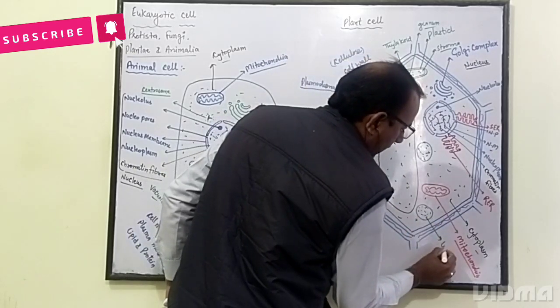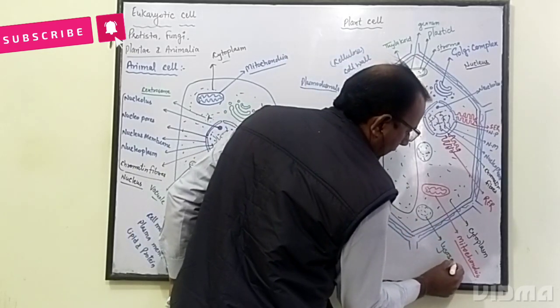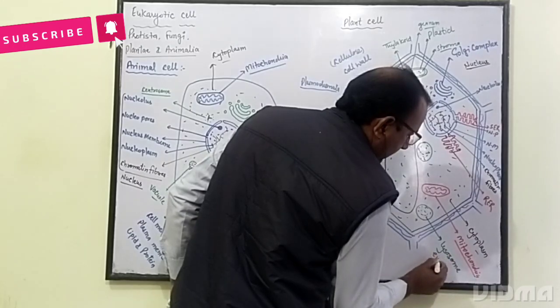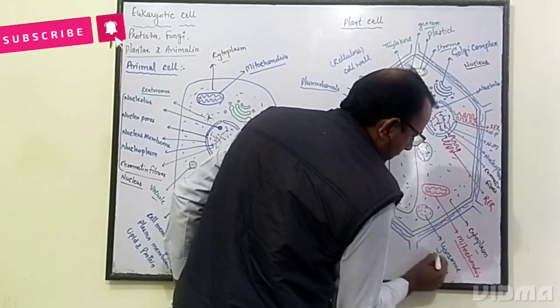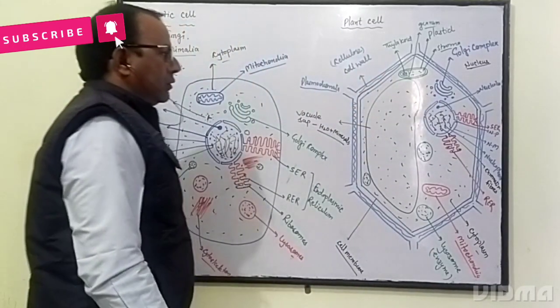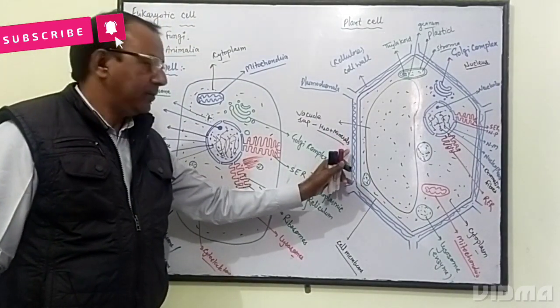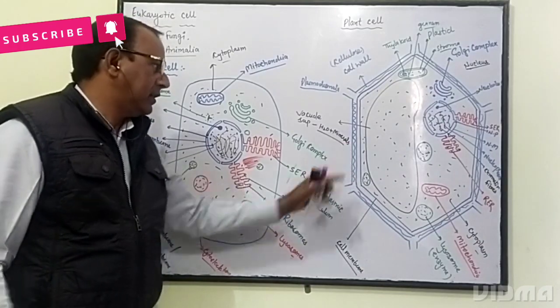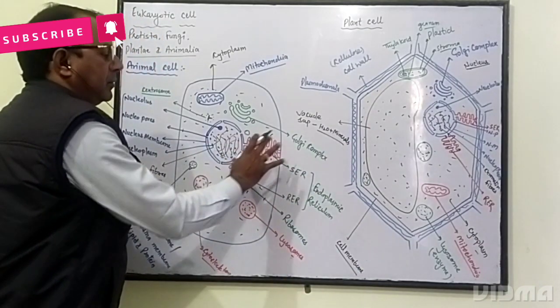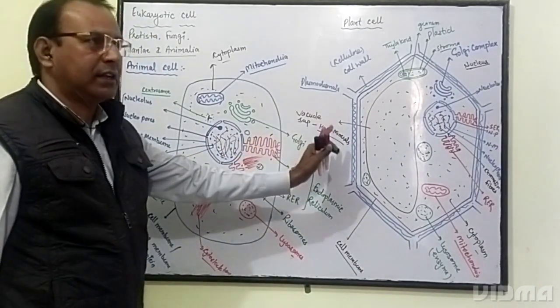These are the lysosomes, and a lysosome may contain enzymes. So we can say that in a plant cell, one extra structure, the cell wall, is present, and the plastid is also present, not in an animal cell. This is the major distinction between the animal cell and the plant cell.